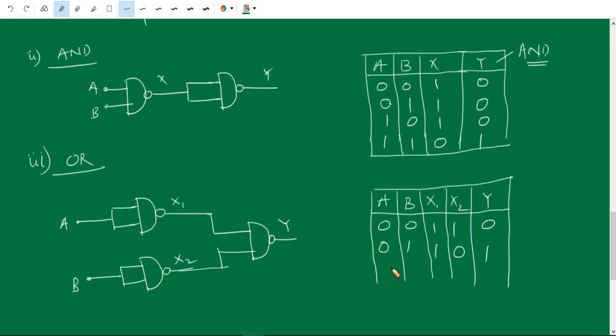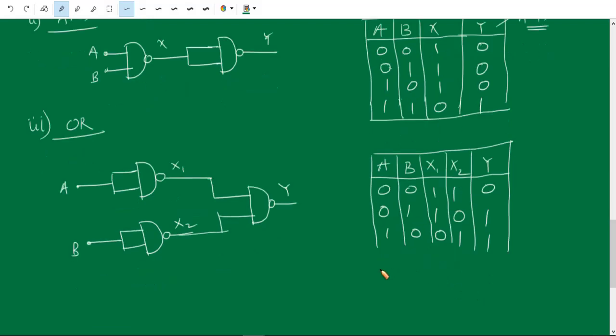Next is 1 0. Here it will be 0, here it will be 1, and if it is 0 1, so the NAND gate has 1. Next, the final one is 1 1, here 1, here 1. So x1 is 0, x2 is 0.